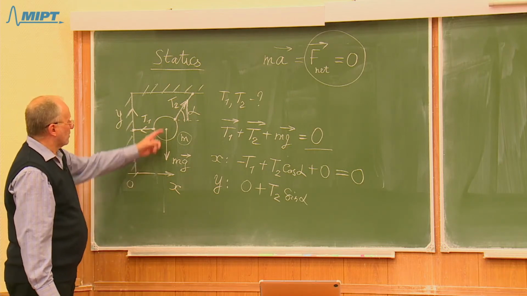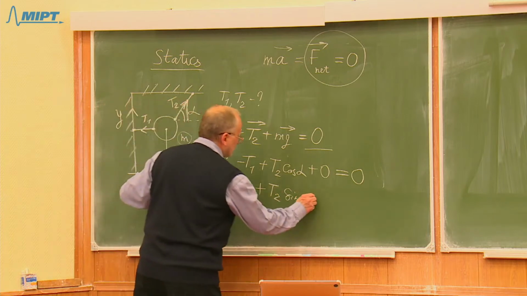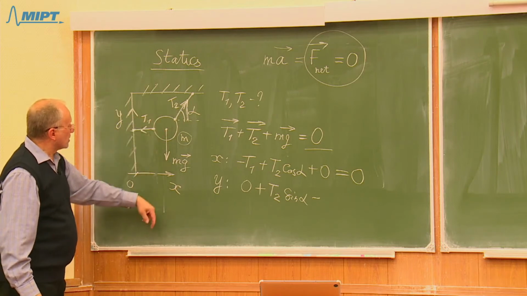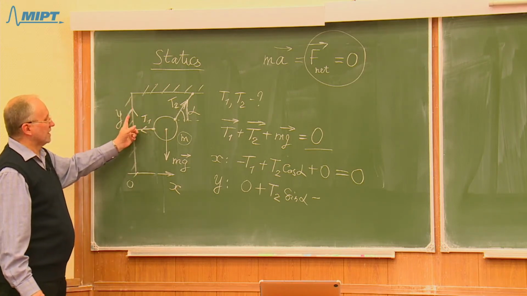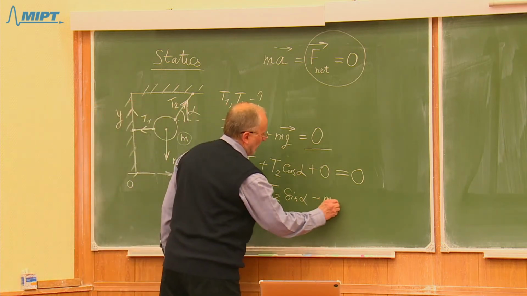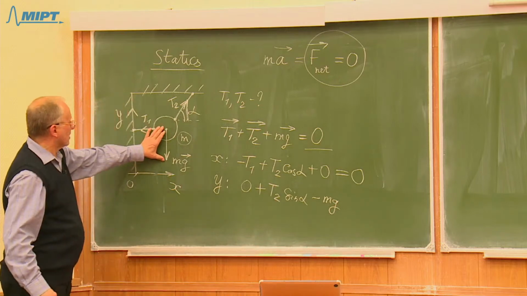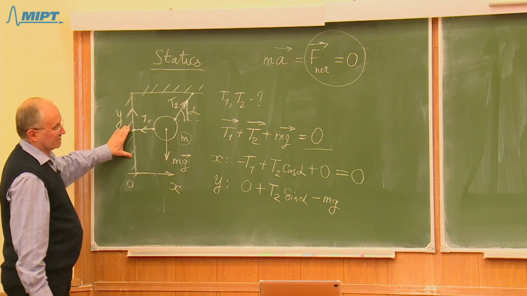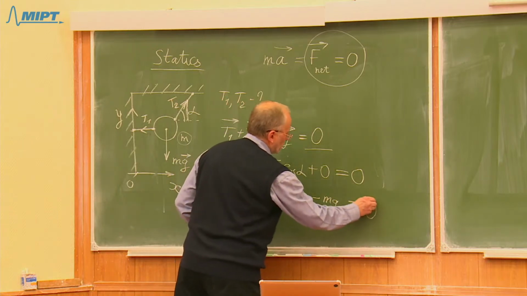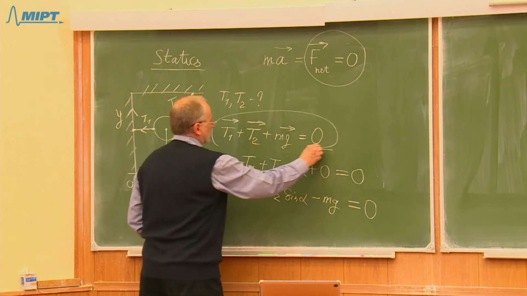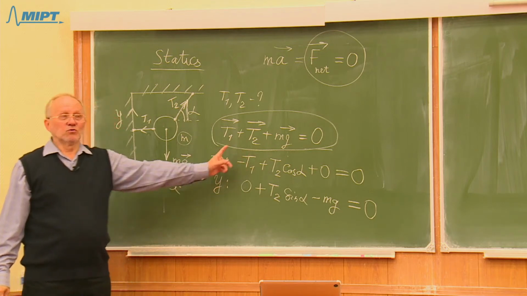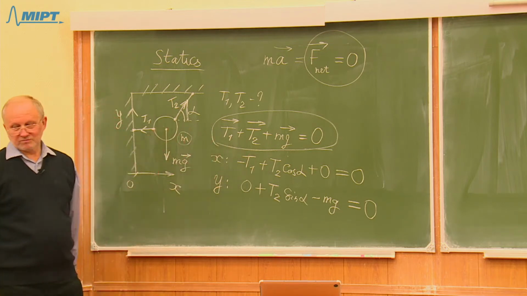And the vertical part of vector mg will be negative because vector mg looks downward in the direction opposite to positive direction of y-axis. And it will be equal to mg in magnitude, minus mg. That is the projection of vector mg on the vertical y-axis. And all this expression must be 0. Why? Because of this fundamental relationship between all the vectors acting on the ball.